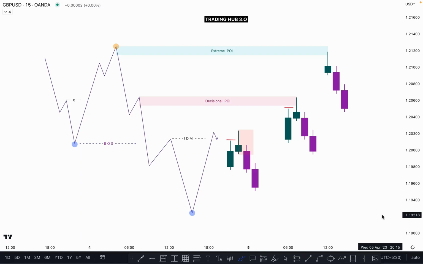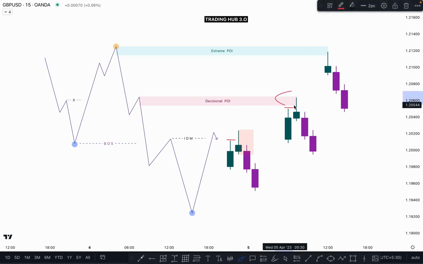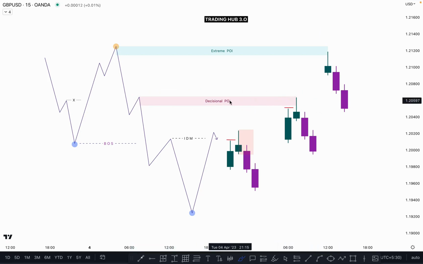You have to identify the area of interest when you are looking for the buy and sell. Then you have to identify candlestick formation, and this process will help you understand that the market is respecting your order block here, right? If the market does not create these types of confirmation, then don't try to sell here. You have to wait for it to create structure, to create candlestick structure.